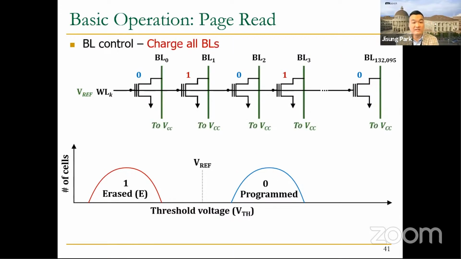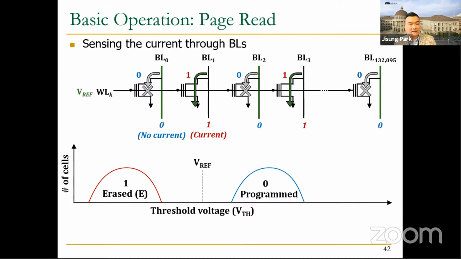Okay, bit line control is different from program operations, as we need to charge all the bit lines. Then, depending on each cell's data, meaning each cell's threshold voltage level, the cell would operate either as a resistance or as an open switch, which makes differences in the current that flows through each bit line.